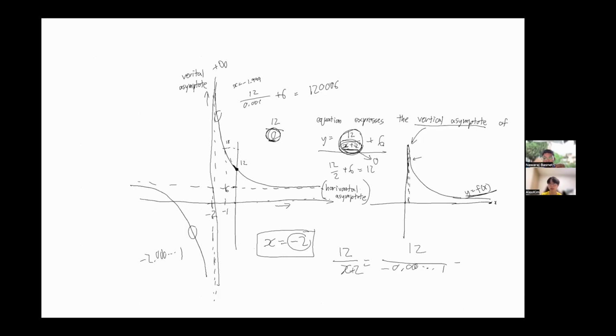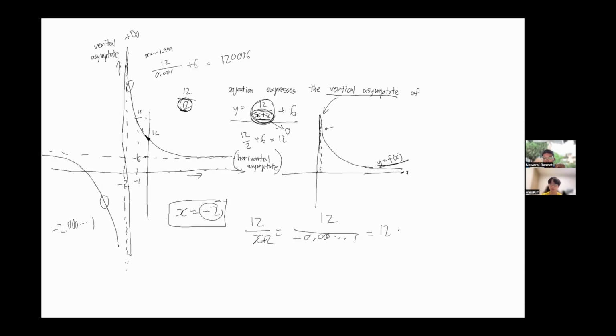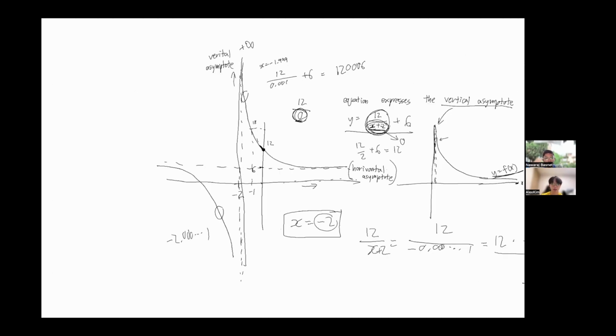So this can be rewritten as 12 times negative with a lot of zeros. You understand, right? So technically we can say this is approaching negative infinity, which is shown in this part. It keeps on going down and approaches negative infinity.